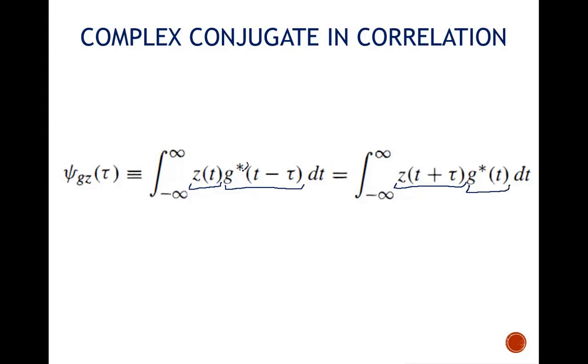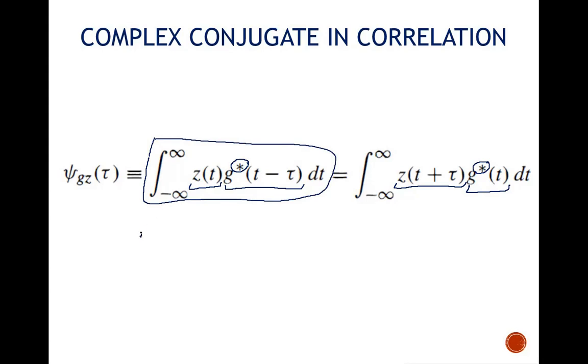Now the question is, why do we have a complex conjugate applied on one of the signals? So the answer lies in the fact that we want to get maximum out of this correlation relation. So let's say we can explain it in a mathematical form.